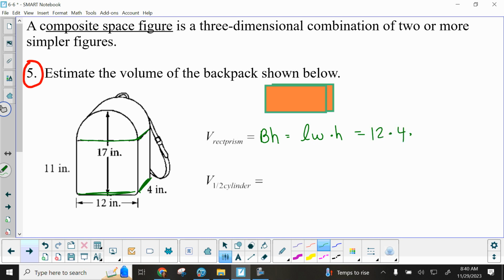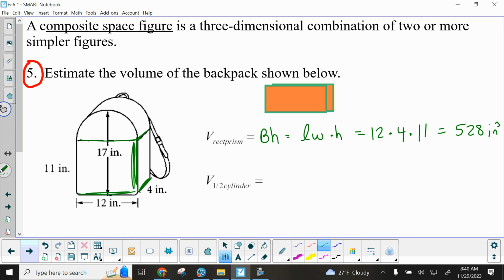And then the height of the prism, how tall does it go to here, is 11. So I have 528, and that is in inches cubed.